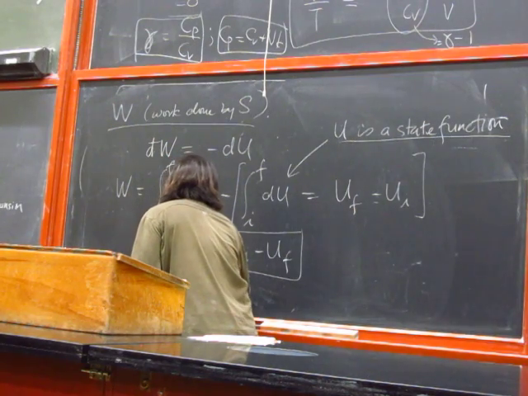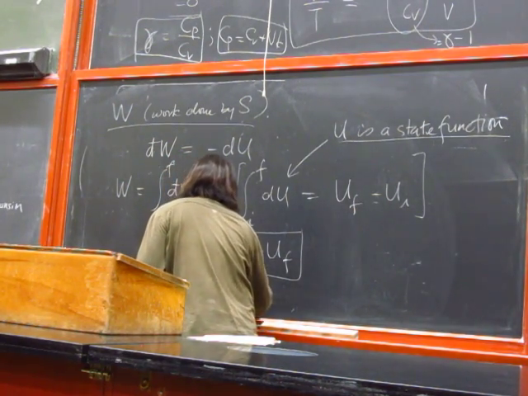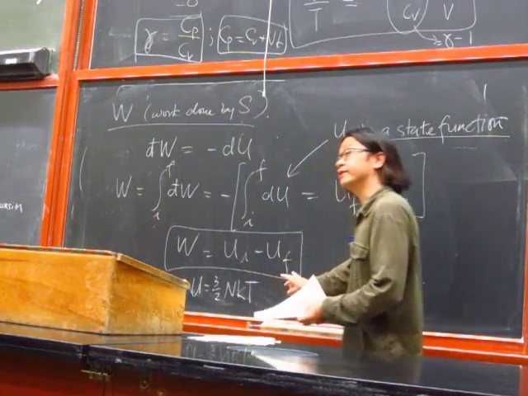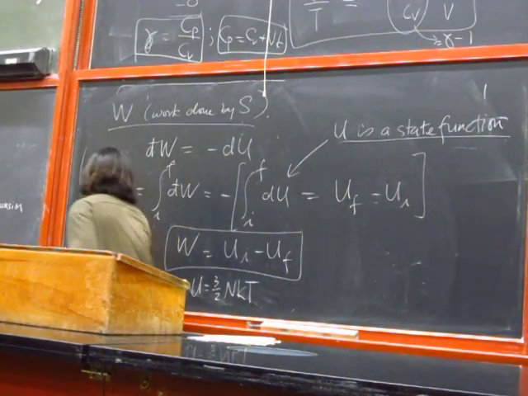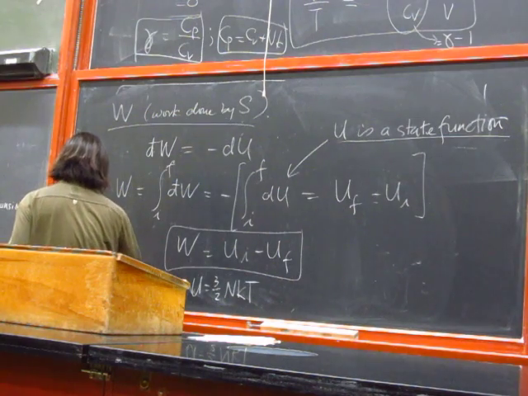Because U is equal to 3/2 NkT for a monoatomic ideal gas in this case. So gamma is equal to 1.4, if you do this right.